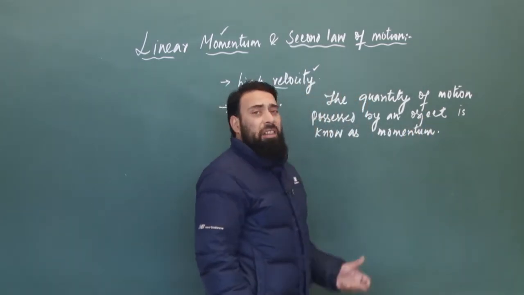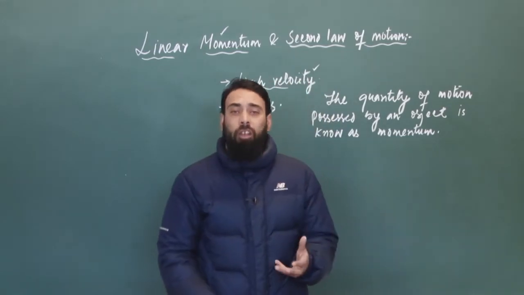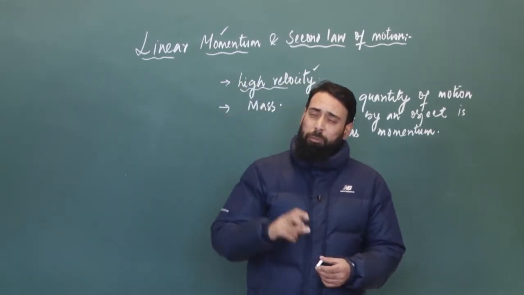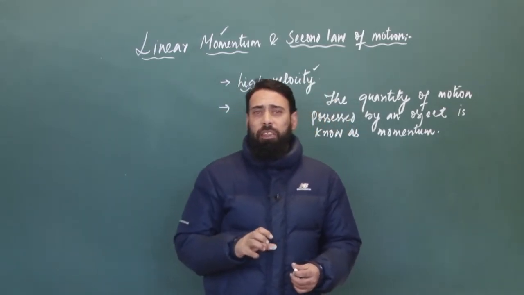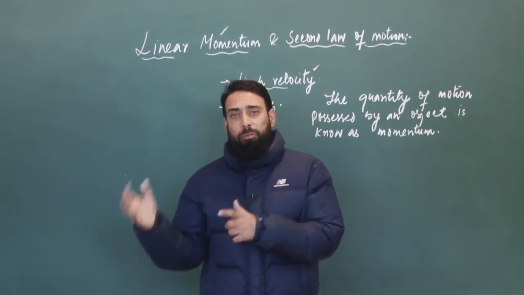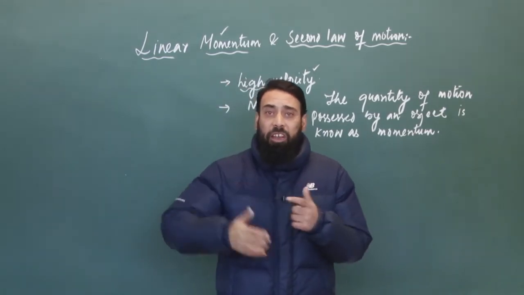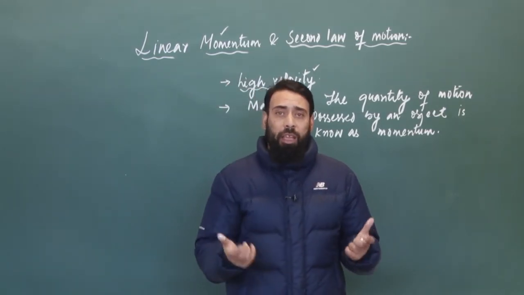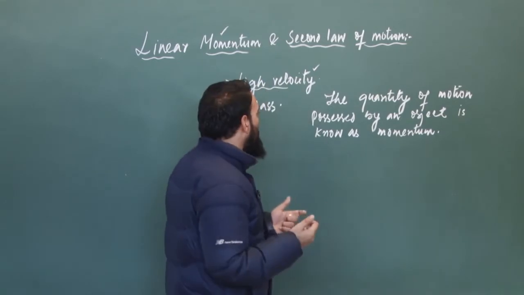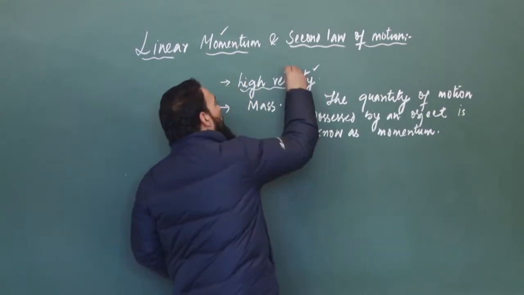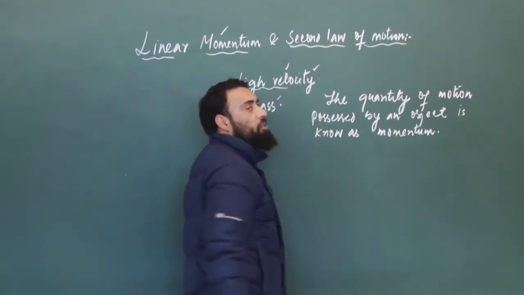Now, what are the factors which decide the quantity of motion? It means, how can we say that a body has a larger momentum? That body has a greater quantity of motion, and that depends, dear students, upon the velocity of that body or the mass of that body.